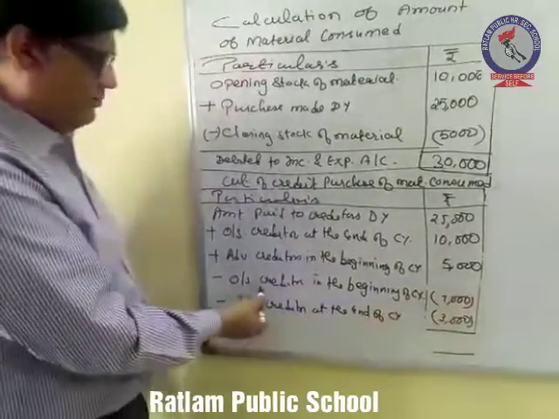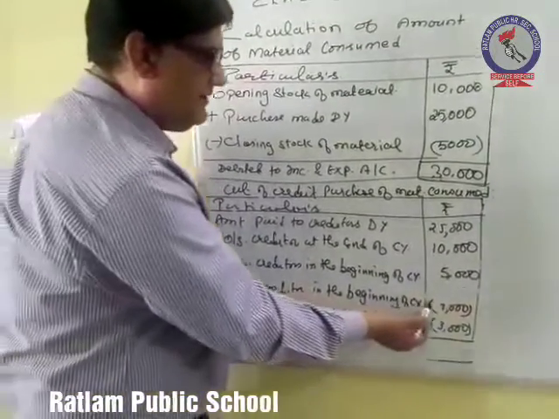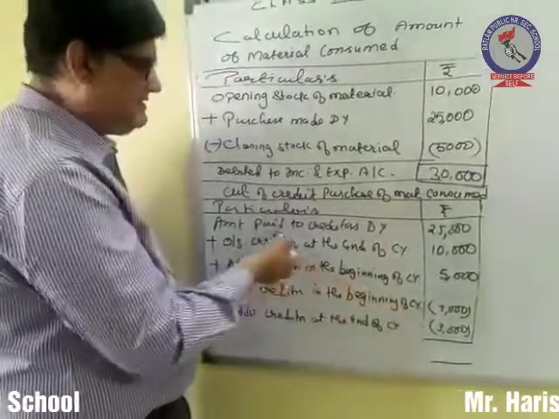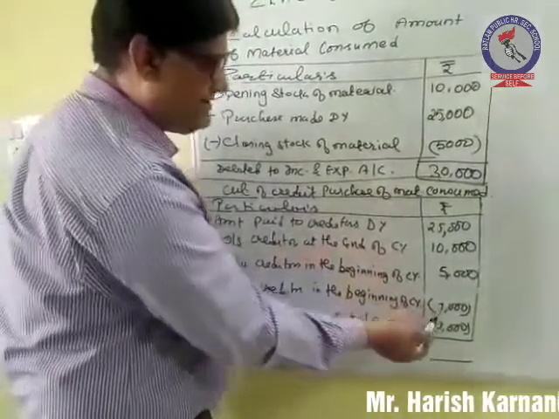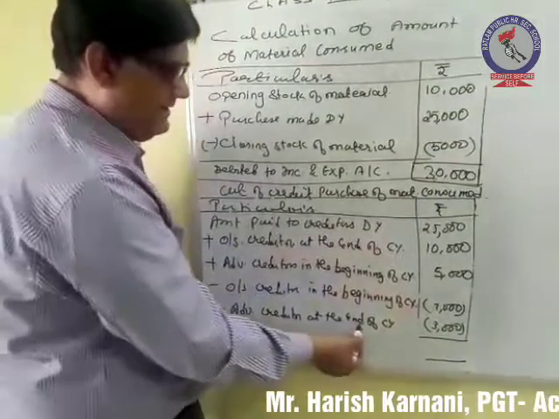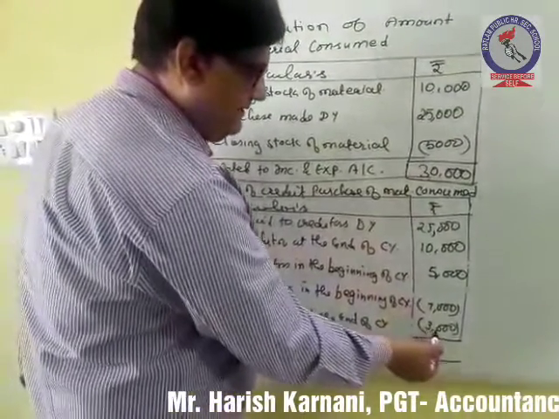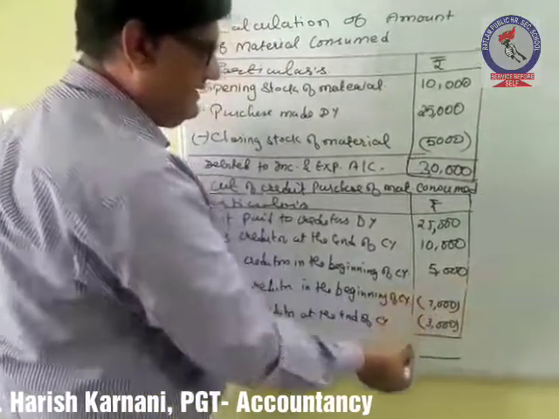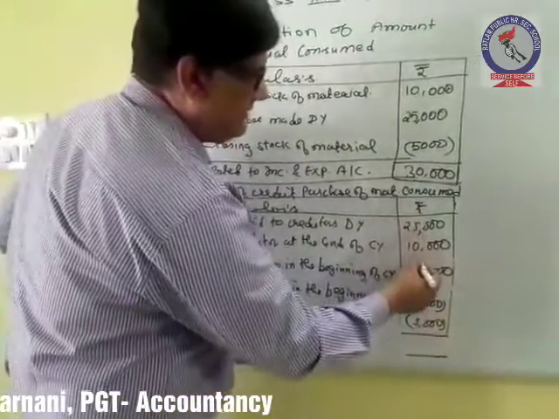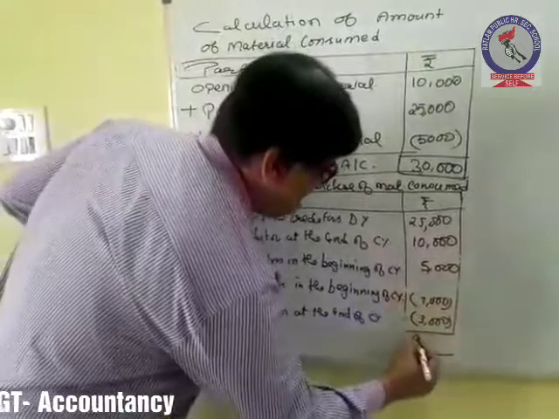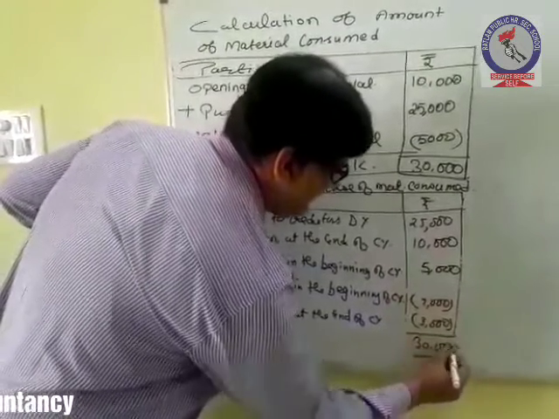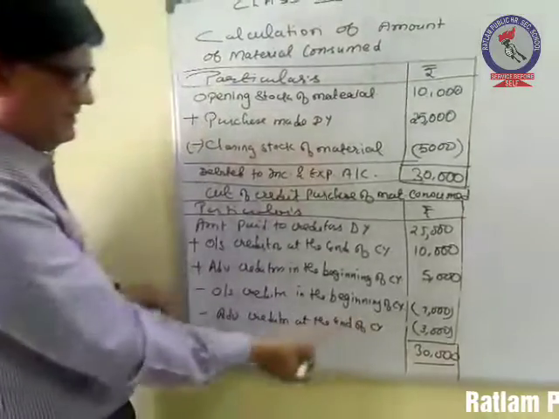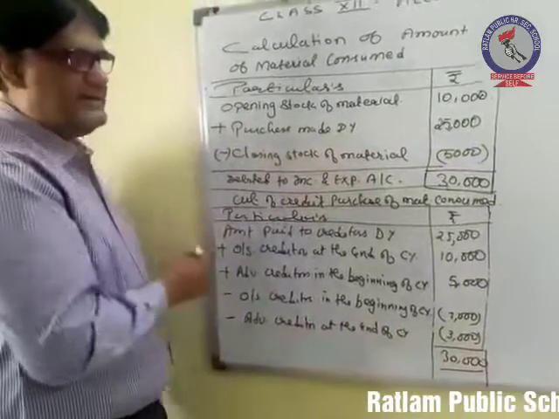Out of that, outstanding creditors in the beginning of the current year were 7,000, which were paid in this amount, so you have to minus it, and advance creditors at the end of the current year, again you have paid 3,000, that was for next year. So 7 and 3, 10. So the total becomes 40 minus 10, that is 30,000. So this is the amount of credit purchase of material made during the year.